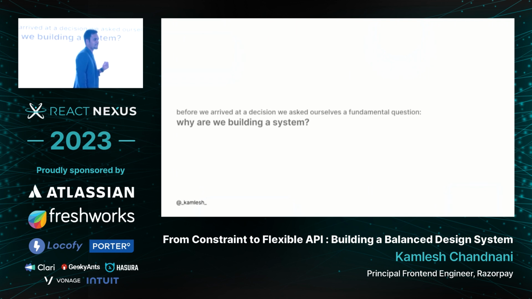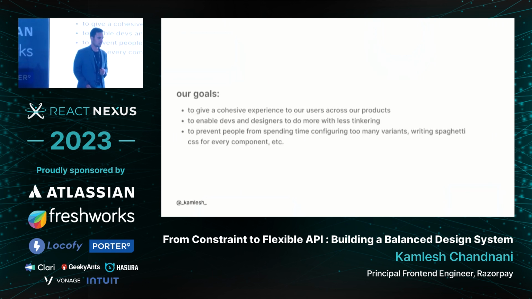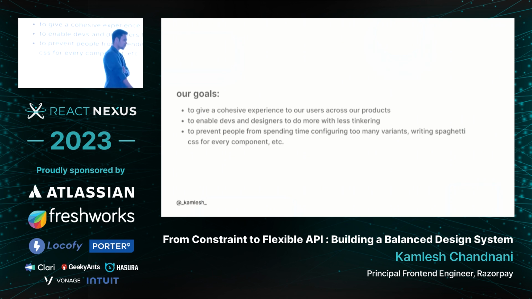Before we arrived at a decision, we asked ourselves: why are we building a system? We came up with a couple of goals. The first one was to give a cohesive experience to our users across Razorpay products. The next one was that we need to also think about our devs and designers, because they are the consumers of the system.